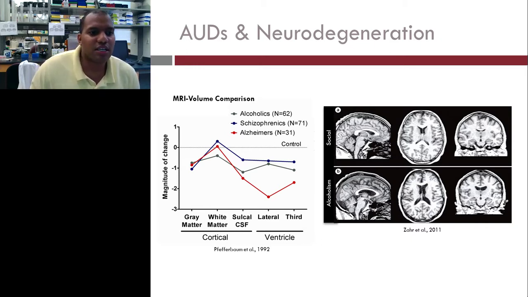You can see on the red line a group of people whose brain was checked with an MRI, and you can see that alcohol is just as damaging as Alzheimer's disease in certain regions. On the right, there is a social drinker versus an alcoholic. You can see that there are changes in the ventricle sizes. So there's an increase in the ventricles as well as a general loss of brain matter.